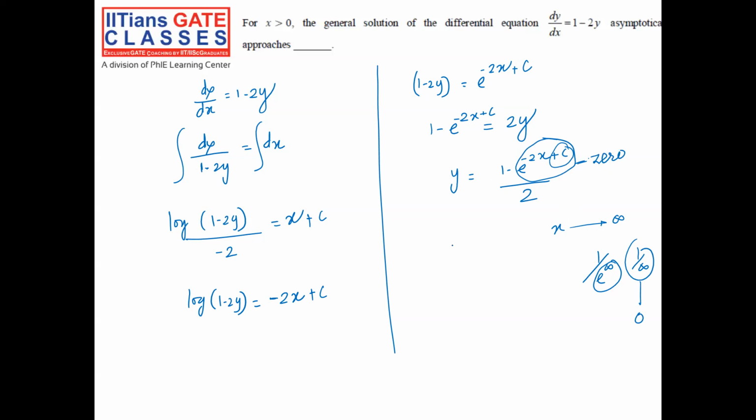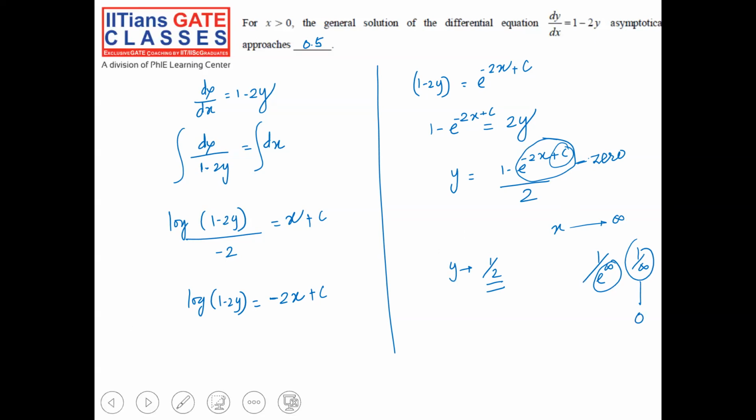Hence we can say that as x approaches infinity, y approaches 1 by 2. Okay, hence you should type here 0.5 or 1 by 2. Yep, the answer is 0.5 in this case.